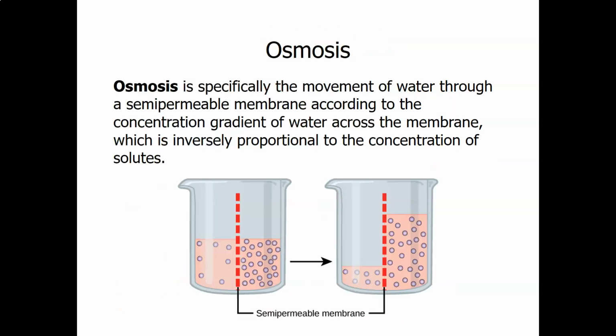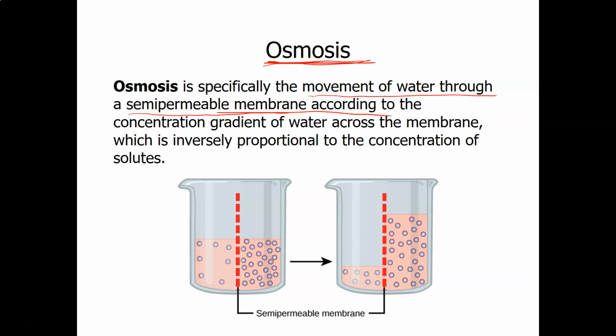All right, now another type of diffusion is the diffusion of water. Osmosis is the movement of water through a selectively permeable membrane according to the concentration gradient of water across the membrane. What I always tell my students is you can look at it one of two ways.